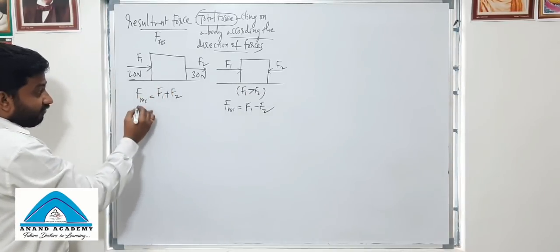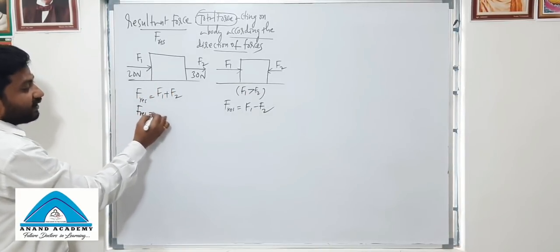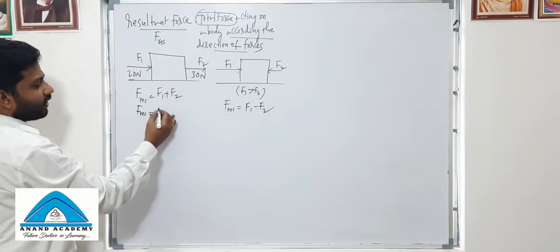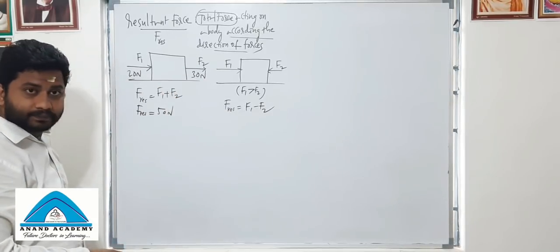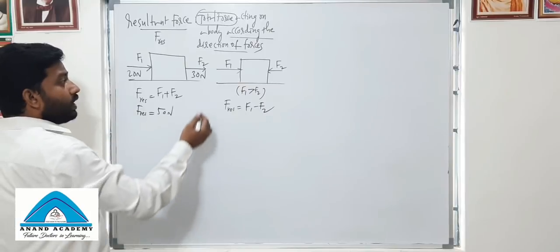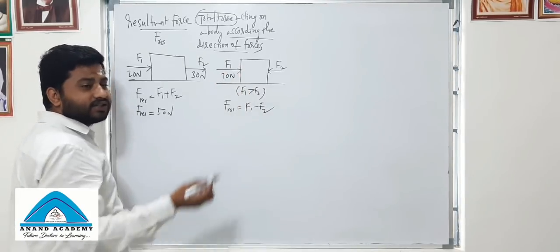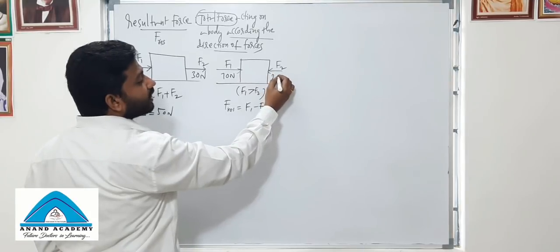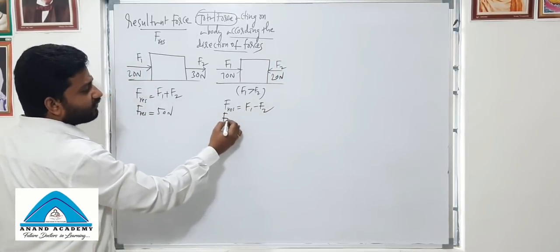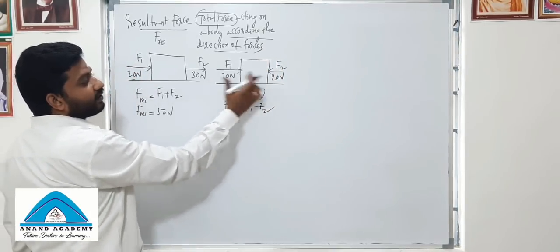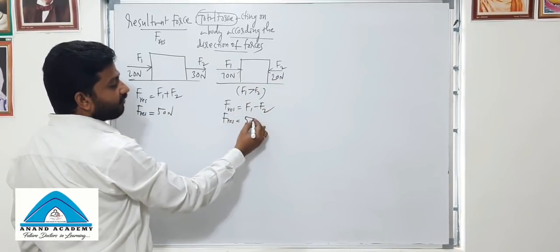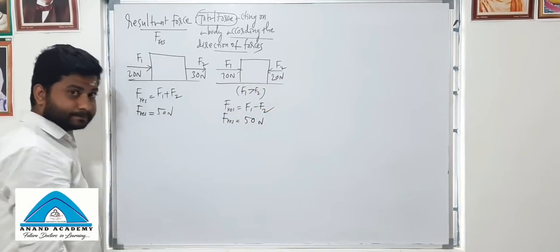Now, if we want to find out the net force here, that will be 20 plus 30, 50 newtons. Right? Now, if this F1 is 70 newtons, this F2 is 20 newtons, the resultant force here will be 70 minus 20, which is 50 newtons.